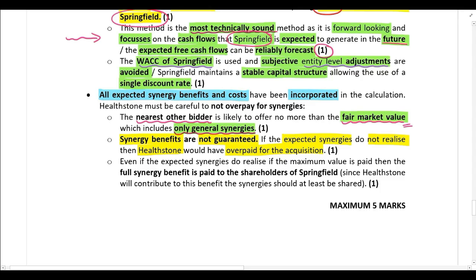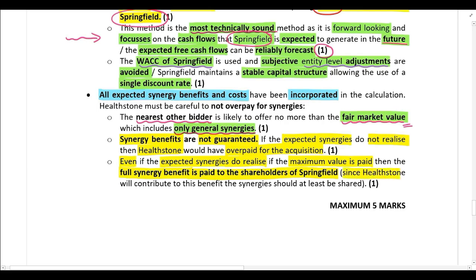It's important to note that even if these expected synergies do realize, Healthstone should never pay the maximum value, because by paying the maximum value, the full synergy benefit is paid to the shareholders of Springfield. They pay that full benefit across to the old shareholders of Springfield and don't keep any of the money in the new company.